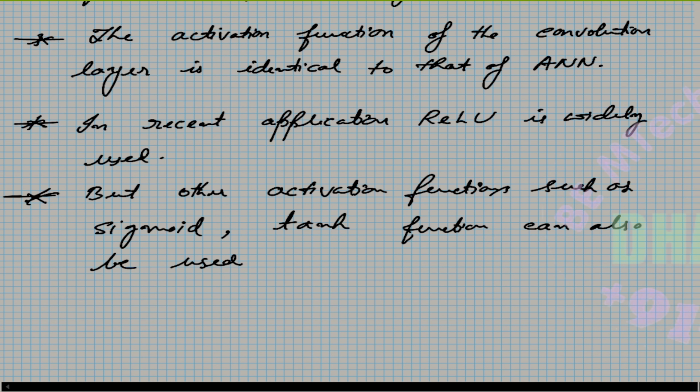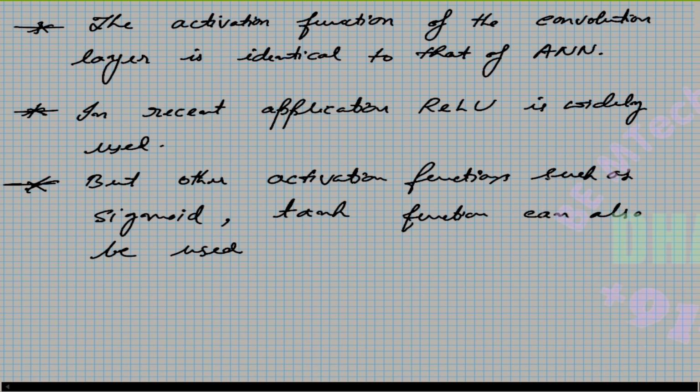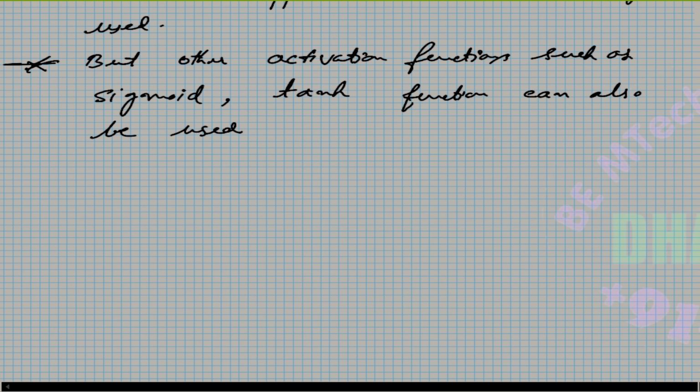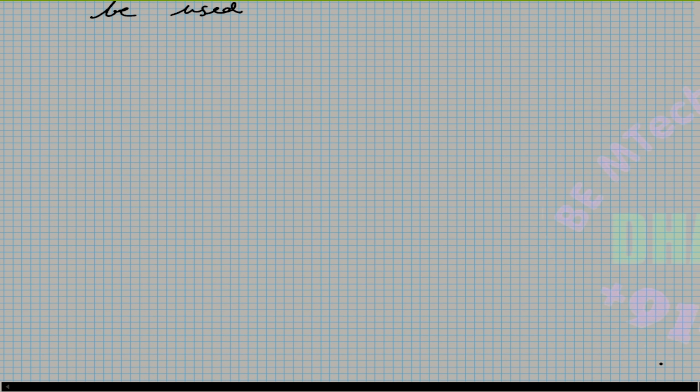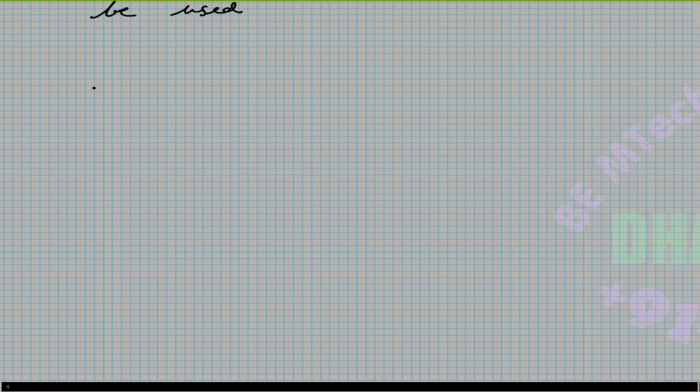All right, let's move further. Now after the convolution layer, we have another layer which is to the next immediate right side of the convolutional layer.